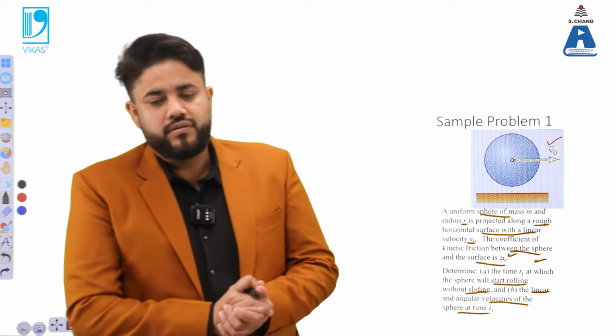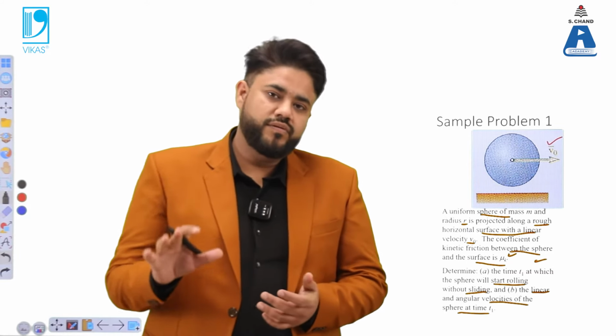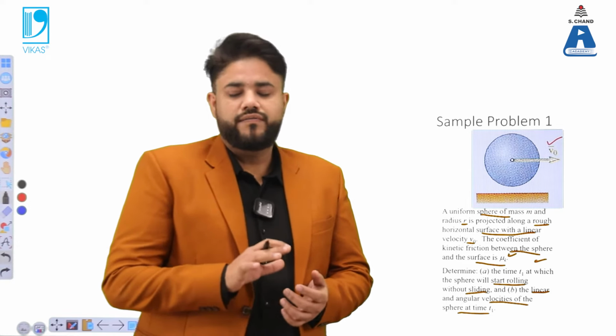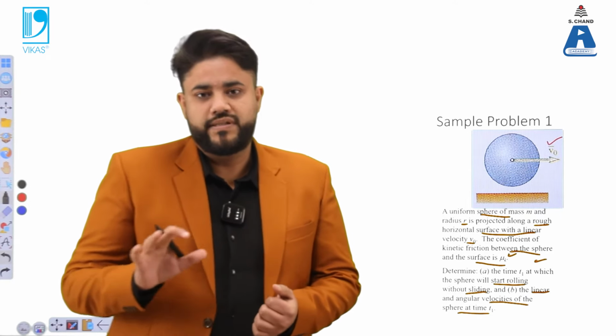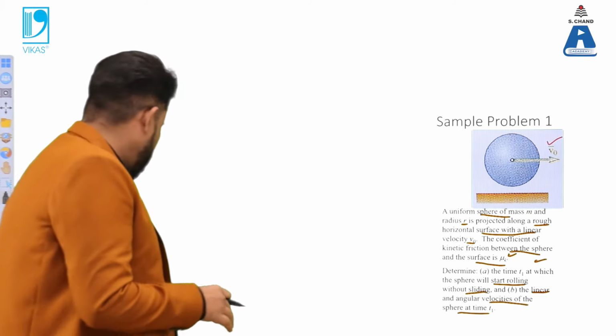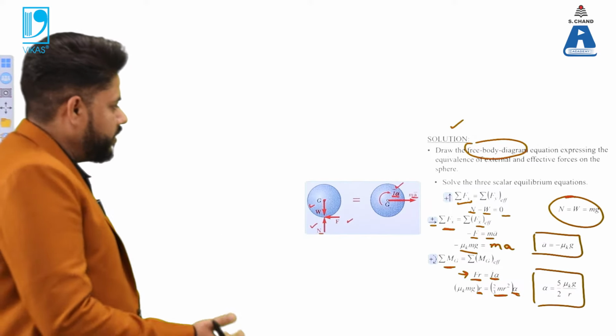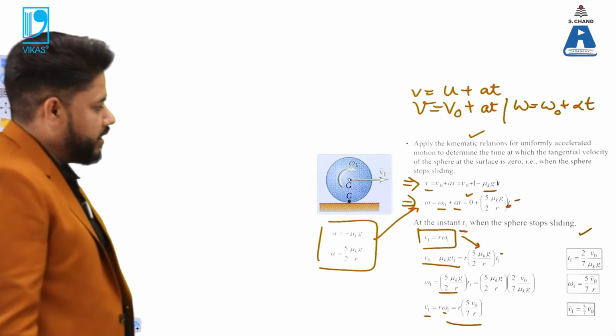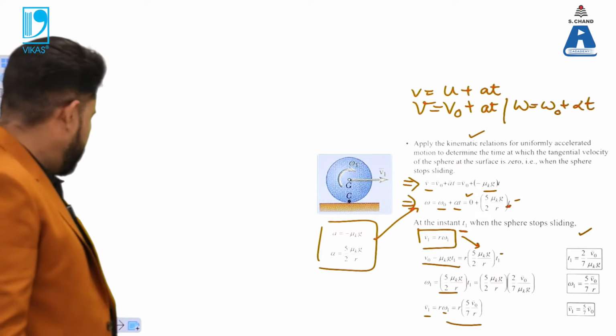And what is that normal methodology? We have substituted sum of all the forces equal to 0, and sum of all the moments equal to 0. On solving, we obtain the t term, omega, and the velocity term.